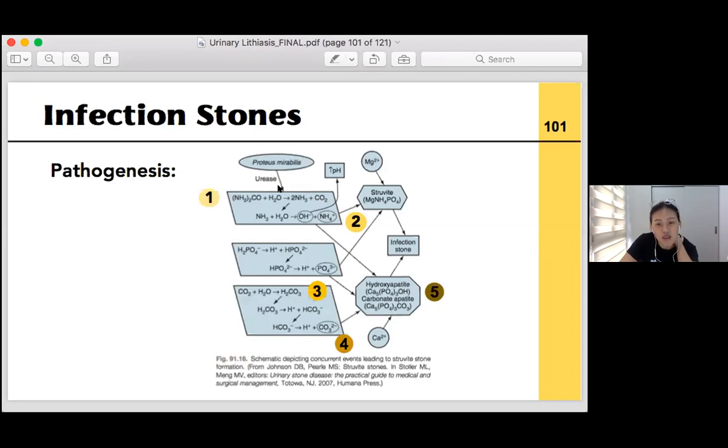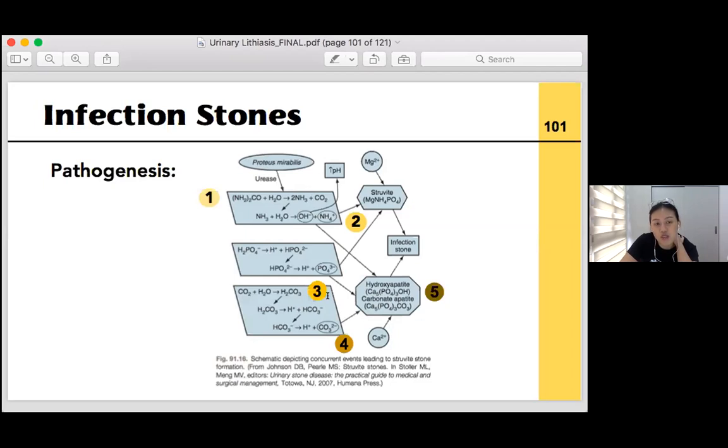So urea, a constituent of normal urine, is hydrolyzed to ammonia and carbon dioxide in the presence of urease. And then the alkaline urine that results from this reaction favors the formation of ammonium. Under physiological conditions, the alkaline urine would prevent further generation of ammonium.